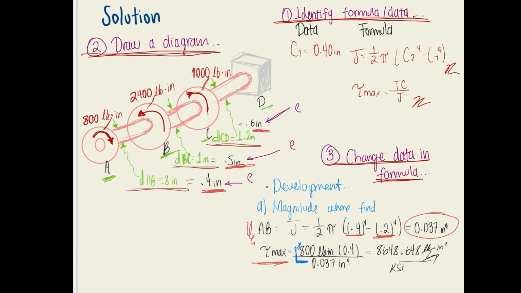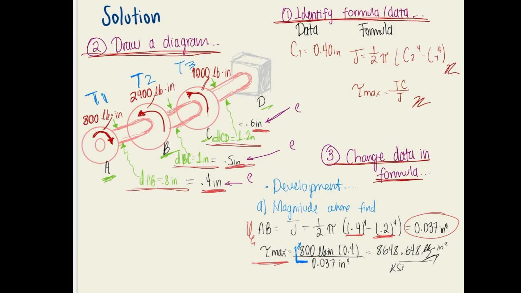That is the first torque that we have here. I'm gonna put a little T1, T2, and T3. In this way, we know what torque to substitute in the formula.